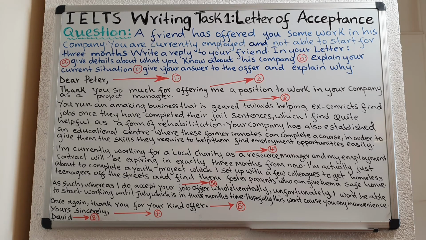Okay, it really is a band 9 term. If you use that, the examiner is going to get a very good impression about your command of the English language. As such means because of the reasons that I have just explained.